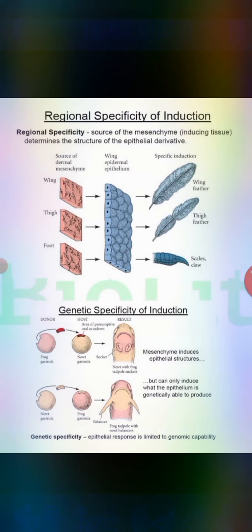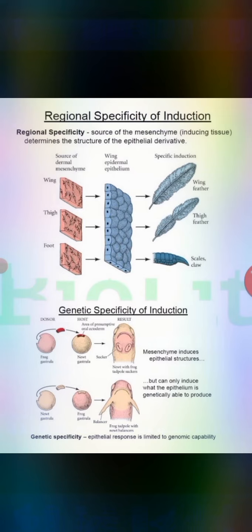So what it actually tells is that the chick epidermis secretes proteins. The epidermis of the chick is capable of secreting certain proteins, that is the signals. The signal sent by the epidermis reaches the dermis, and the dermis forms condensations, the condensed dermal mesenchyme.